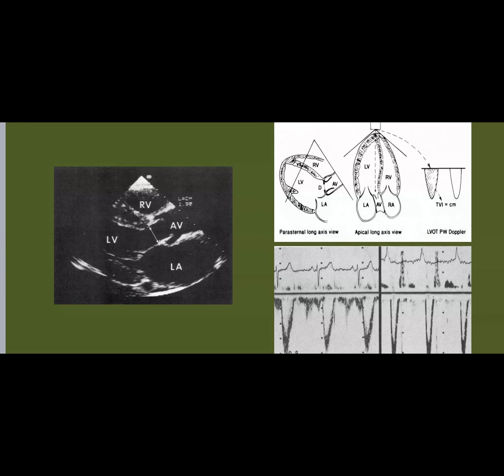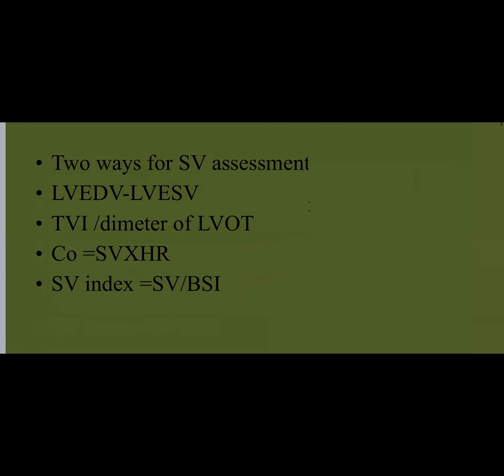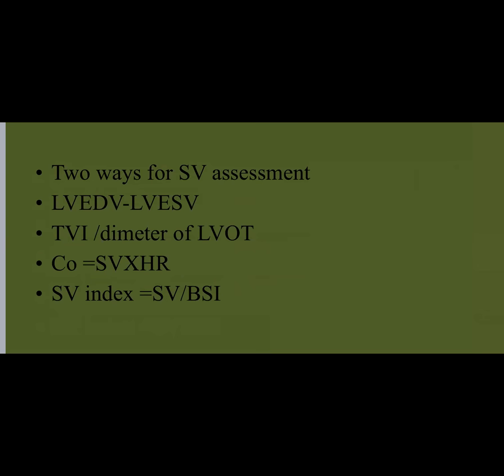And remember, these figures are so important. Two ways of systolic stroke volume assessment. We talked about that one. We have to calculate the stroke volume by the Doppler way, and the cardiac output by multiplying the stroke volume by the heart rate, and the stroke volume index, which is stroke volume divided by body surface area.